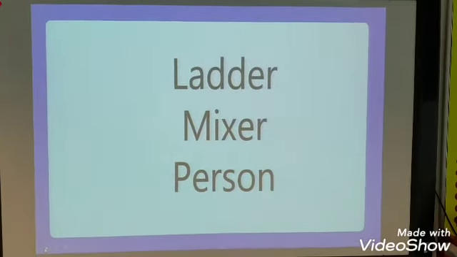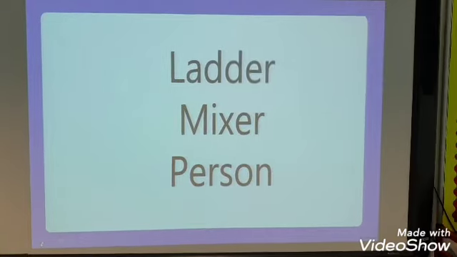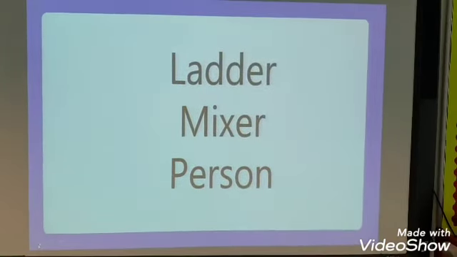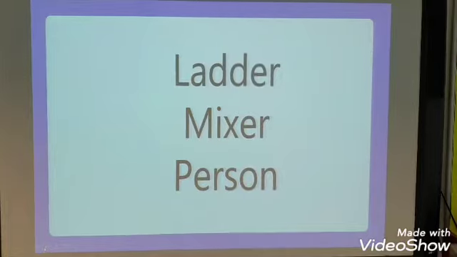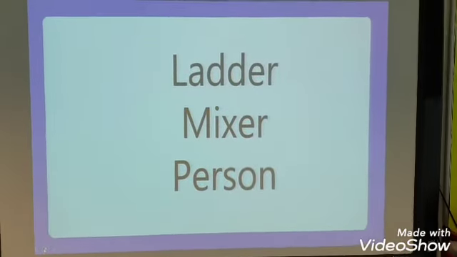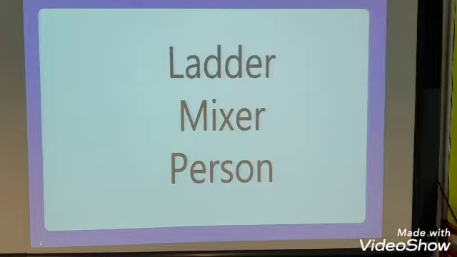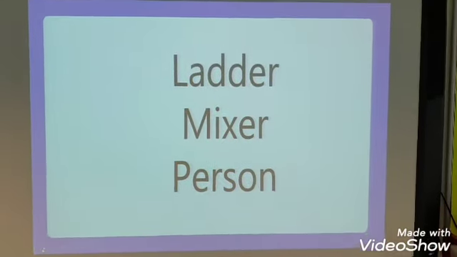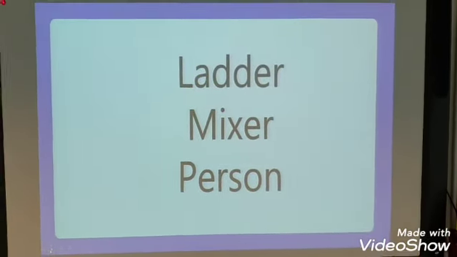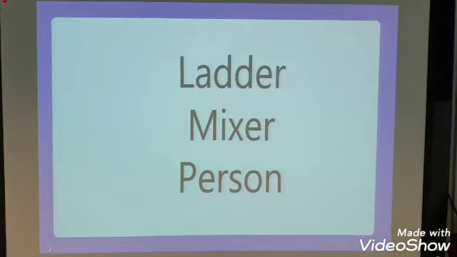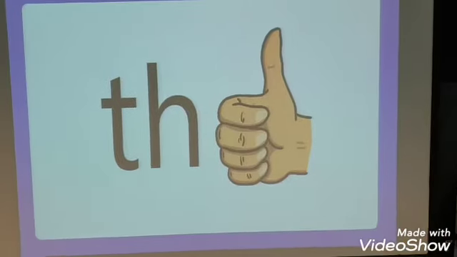So here are all of the words that we were just using: ladder, mixer, and person. So these all have the sound. Can you think of any other words that have the sound? If you're not sure, you can watch the Jolly Phonics on YouTube and see if there's anything else in that rhyme or in the picture for the rhyme that has the sound.